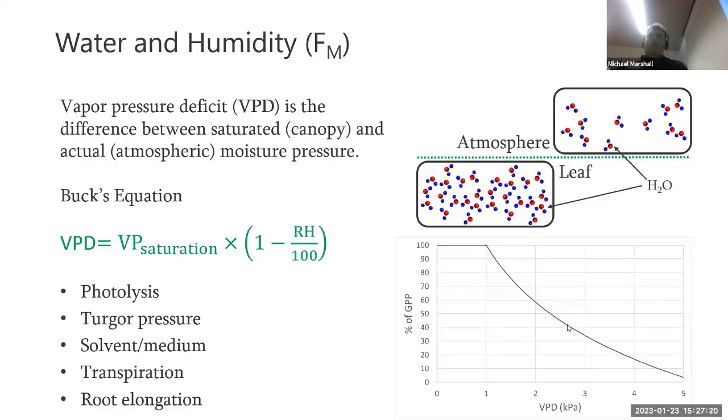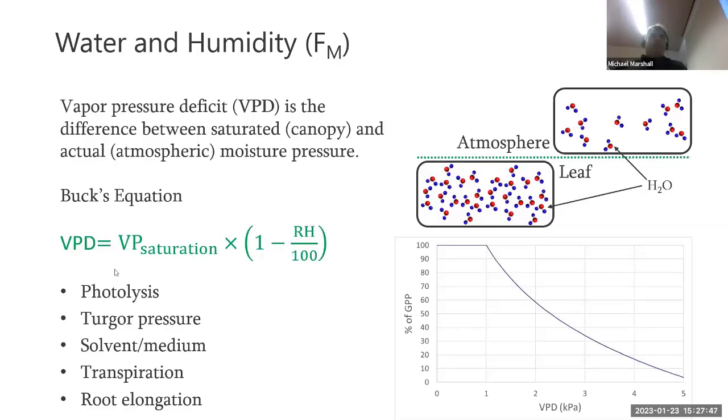Basically, the plants are closing their stomata, not taking in as much CO2 because they don't want to lose the water. And this is, again, why C4 does better in drier climates, because the stomata don't have to open as much, so they don't lose as much water because they're able to concentrate the CO2.